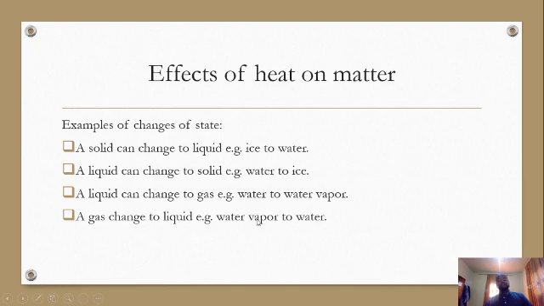Water. So it will change from gas form to liquid form. Yes, so these are examples of changes of state, from solid to liquid, from liquid to solid, from gas to liquid, and from liquid to gas.